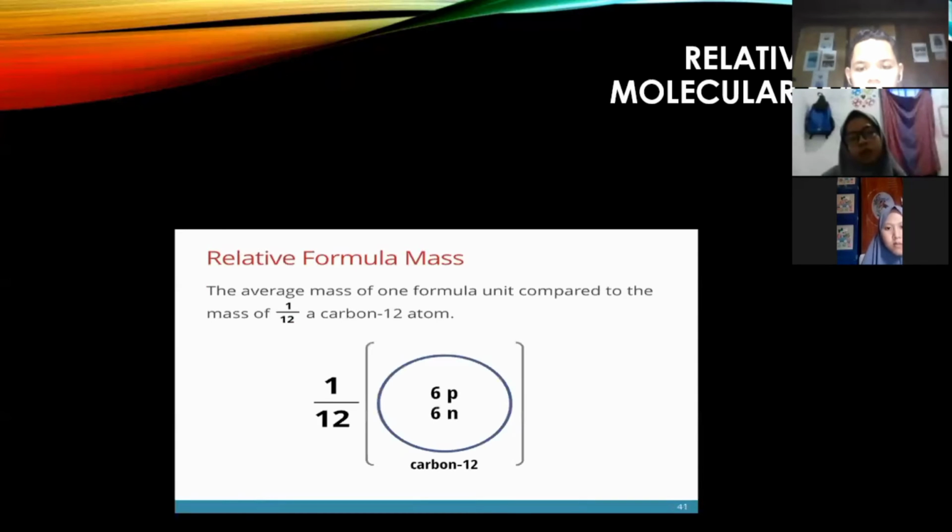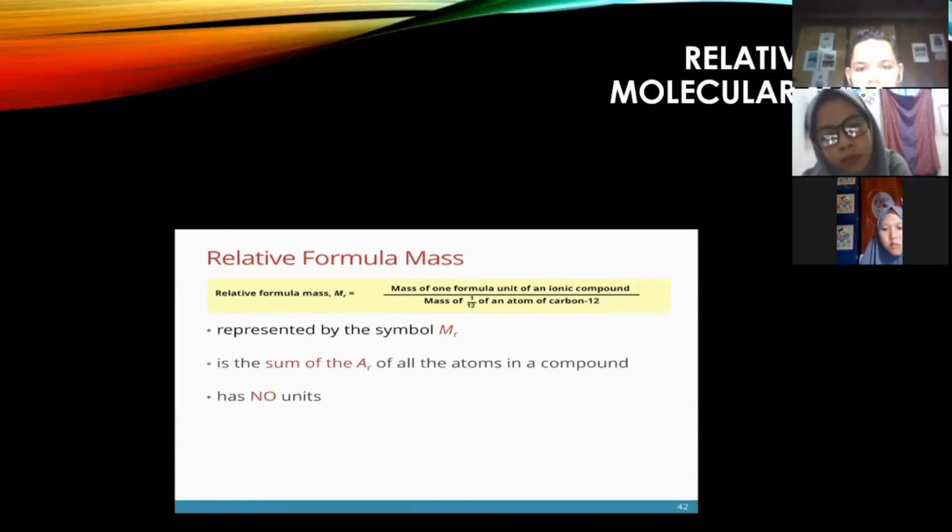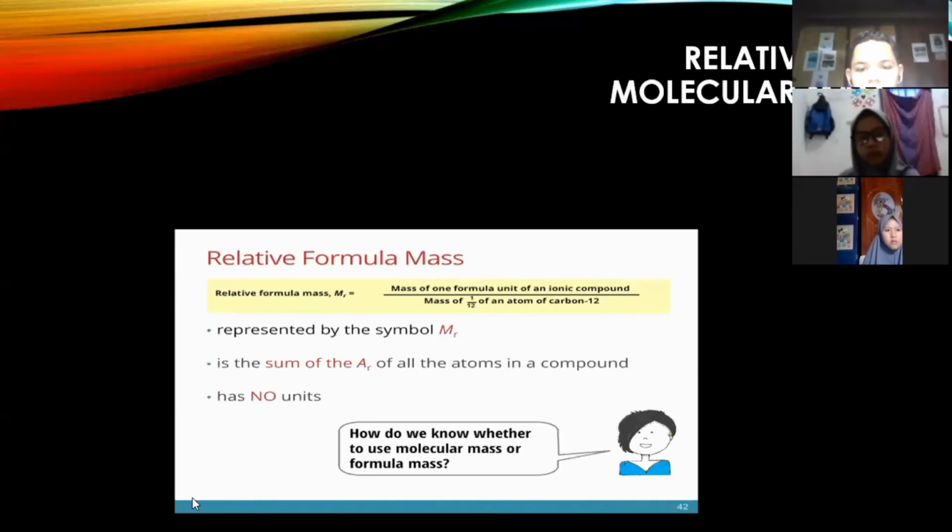But again, we compare this with the carbon atom. The relative formula mass has the symbol Mr again, same thing. And we add up all the Ar of the atoms in the compound. So whether it's molecular mass or formula mass, we use the symbol Mr, just that one refers to covalent and the other to ionic.